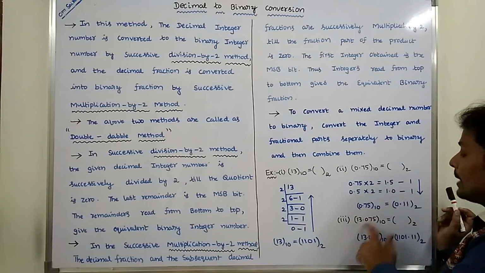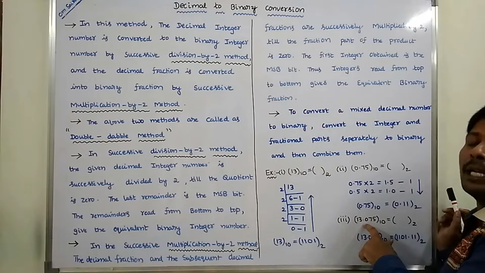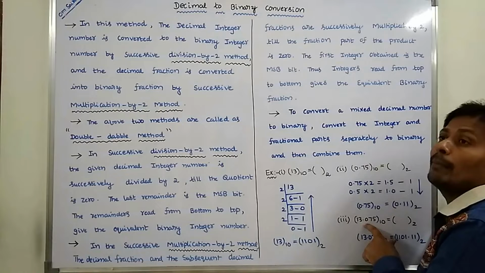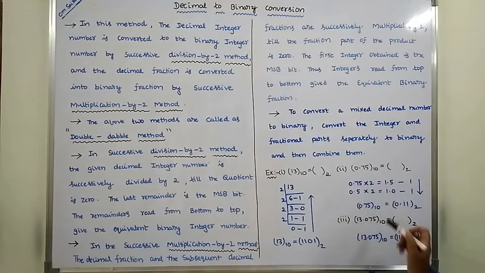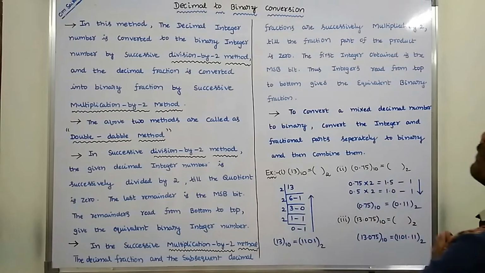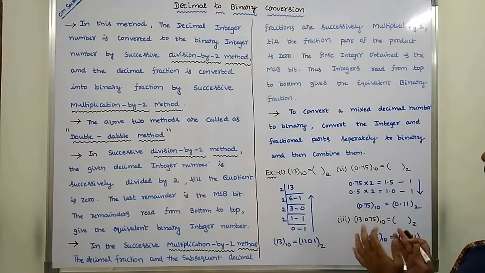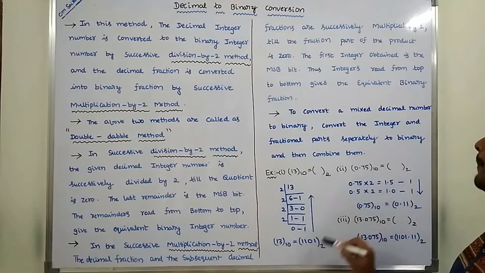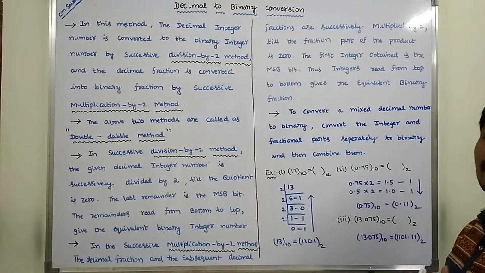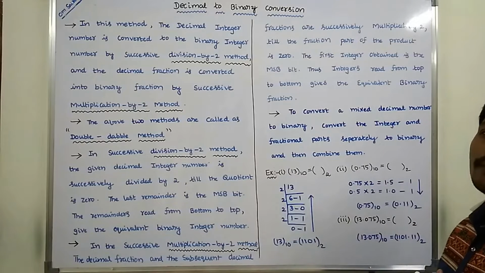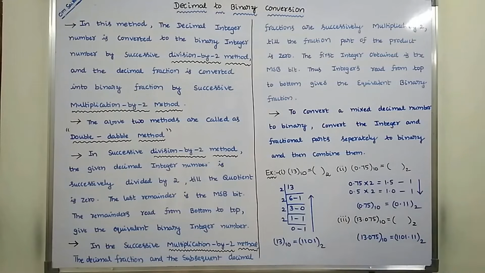To convert it, we have to separate the number into the decimal integer part and the decimal fraction part. After solving these 2 sub problems, we combine the results of the 2 sub problems, and then we get the final result.